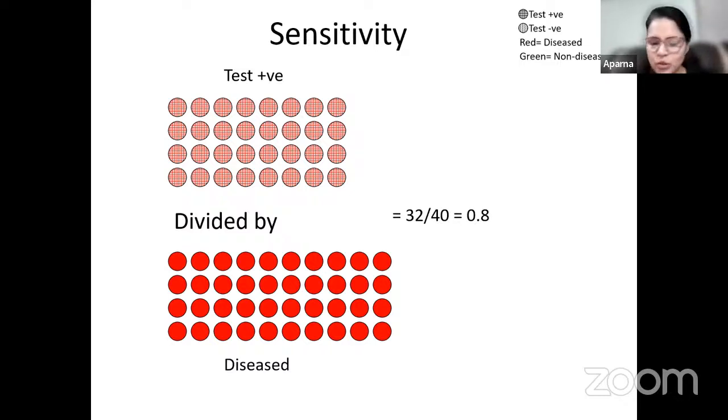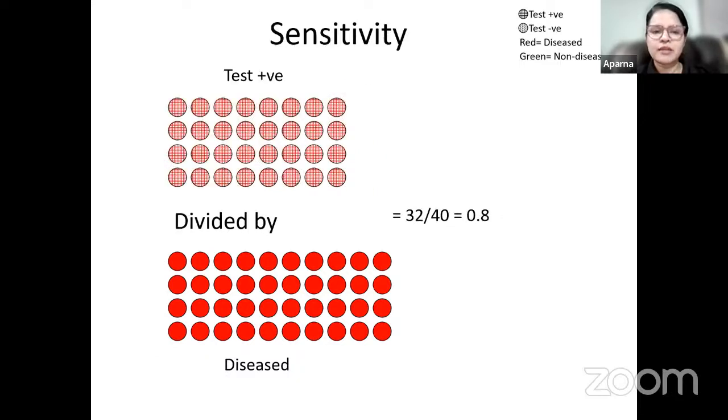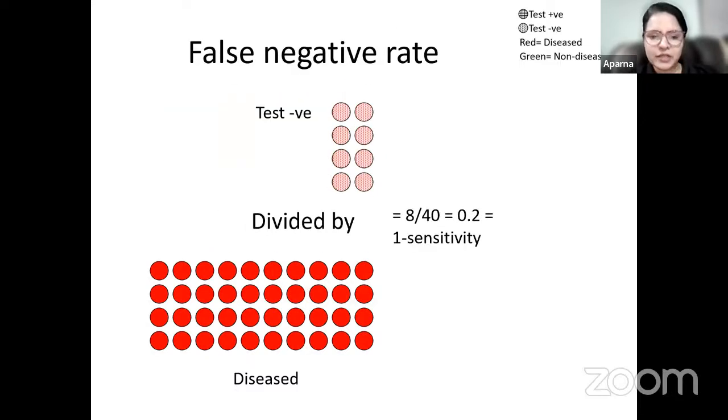Among them, 32 tested positive with the new test A. So 32 divided by 40, which is 80% or 0.8, is the sensitivity. Likewise, since we have spoken about sensitivity, we are going to speak about whatever is directly opposite: the false negative rate. The test negatives divided by the total diseased population is nothing but 1 minus sensitivity, that is 0.2.